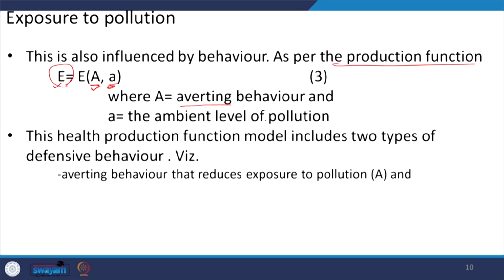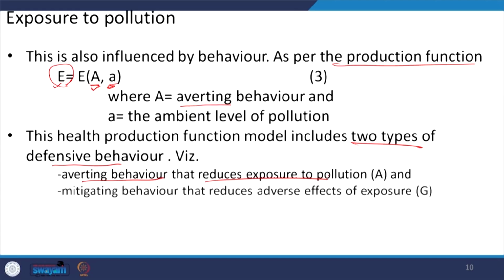Now this health production function includes two types of expenditure on defensive behavior. What are these two different types of defensive behavior included in this health production function? The first one is the averting behavior that reduces the exposure to pollution. It is represented in terms of A. And the second is the mitigating behavior that reduces the adverse impacts of the exposure.